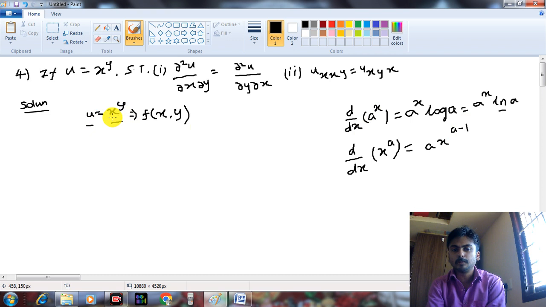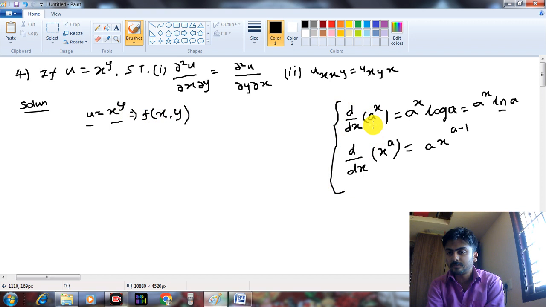Here both base and power are variables, but in differentiation it is not possible to deal with both base and power as variables.